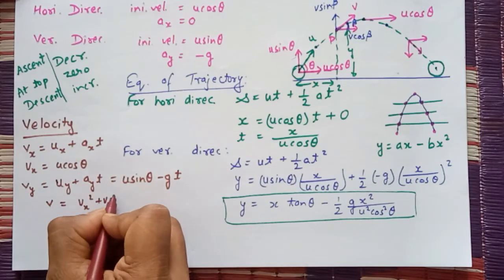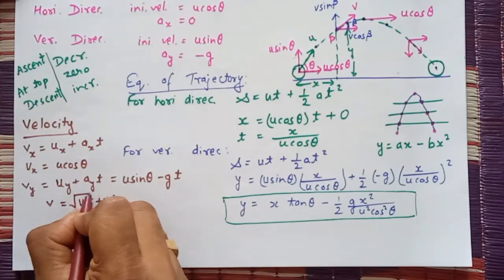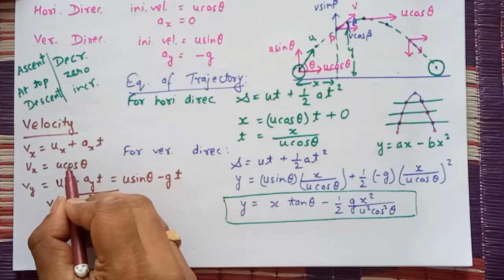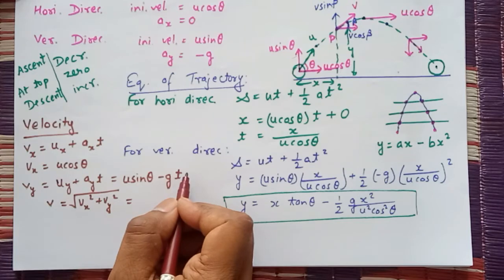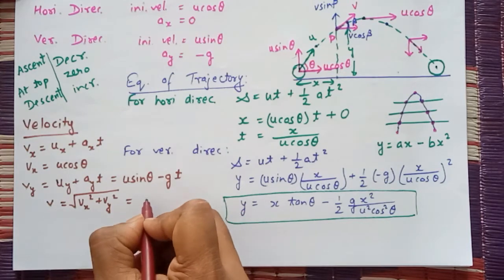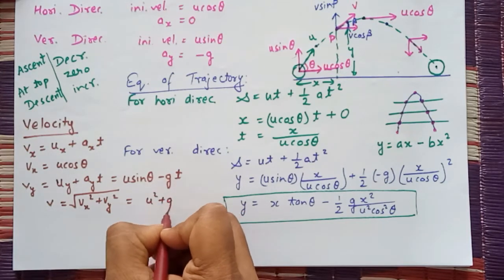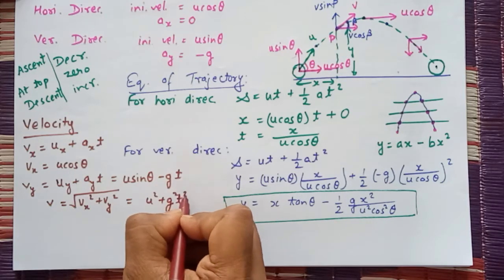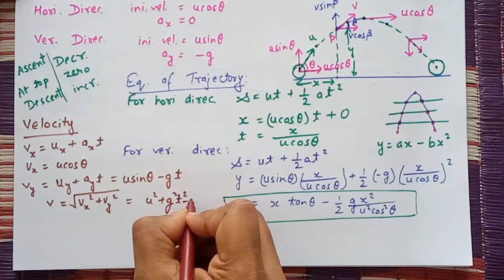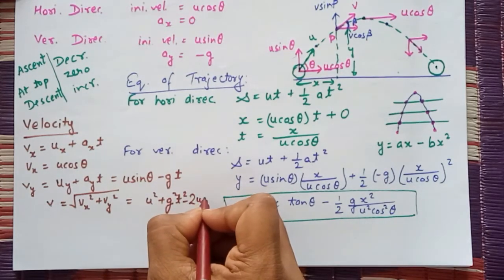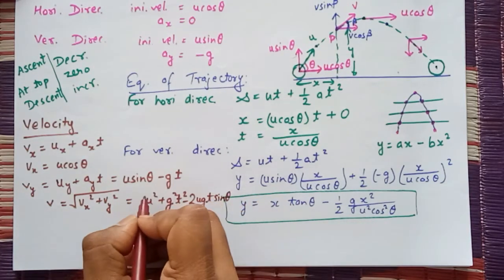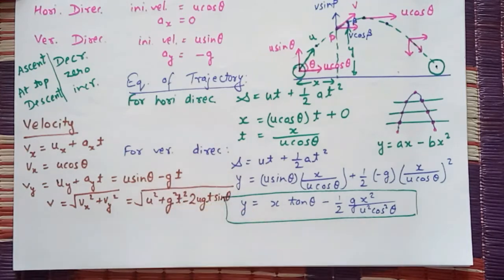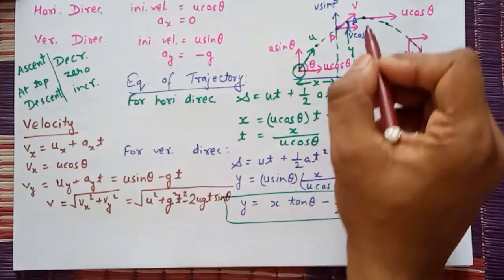So the magnitude of the velocity will be root of vx square plus vy square. Putting the value of vx and vy, taking its whole square, opening it by a minus b whole square, we will get it as root of u square plus g square t square minus 2u gt sine theta. This will be the velocity at any general point.